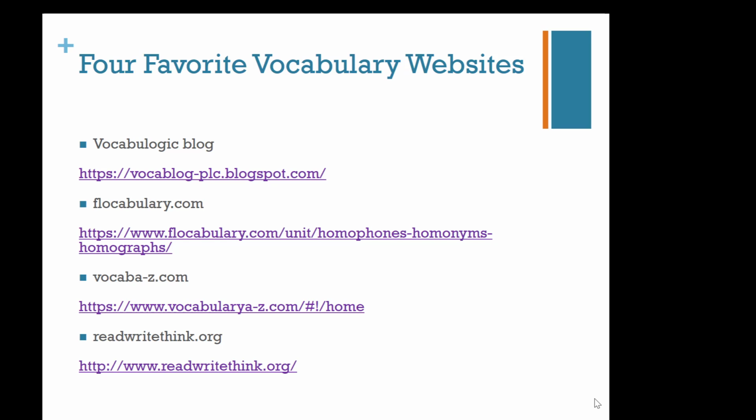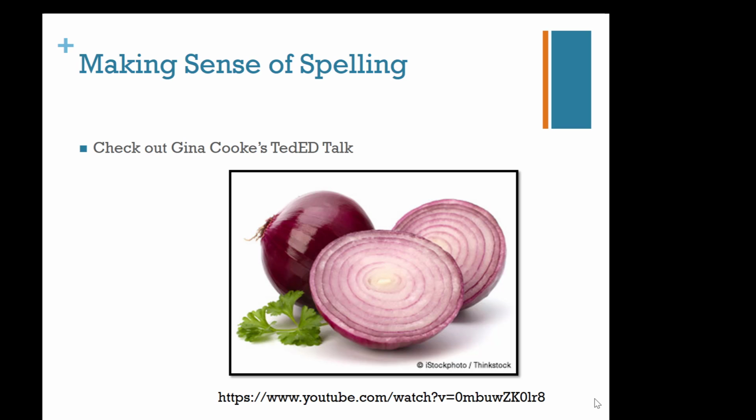There are 4 vocabulary websites that I've used and recommend and think have good content on them. So one is the Vocabulagic blog, Flocabulary, Vocabulary A to Z, and readwritethink.org. If you haven't yet watched Gina Cook's TED Talk video on making sense of spelling, this can also help you build your morphological awareness.